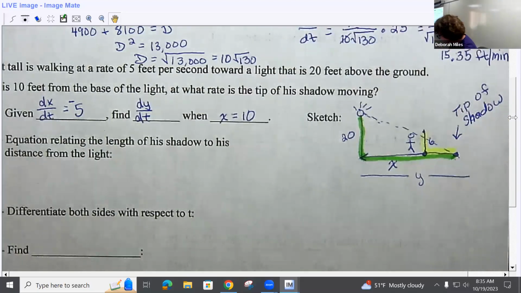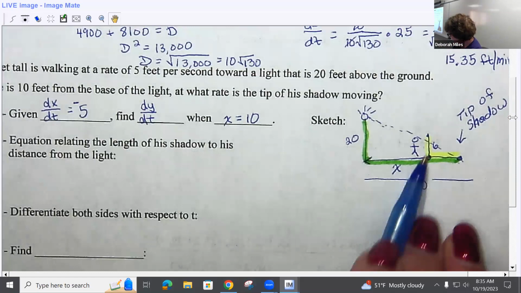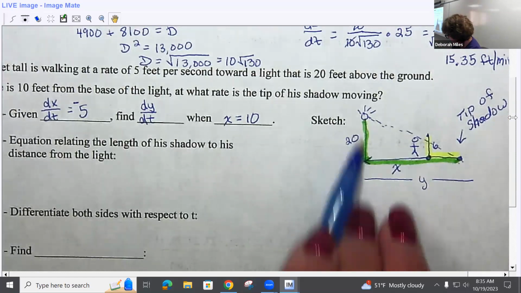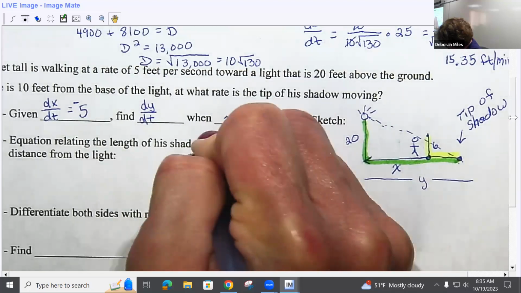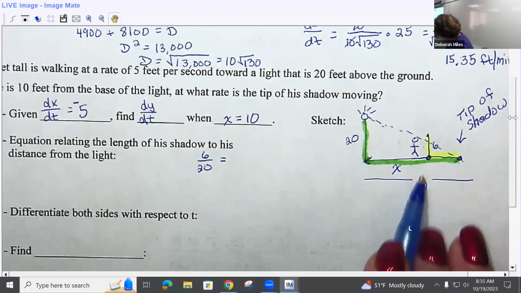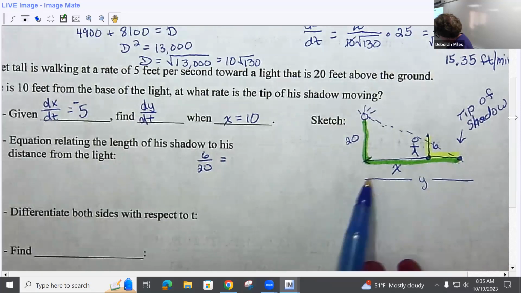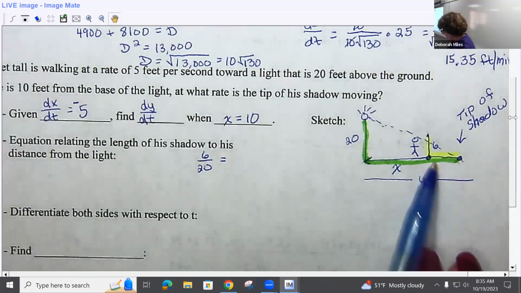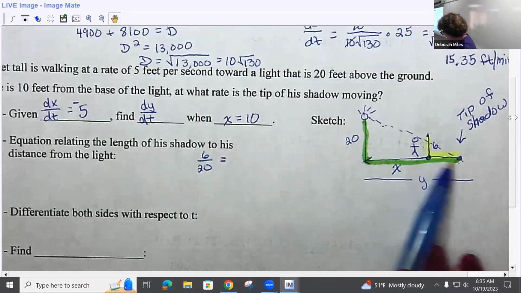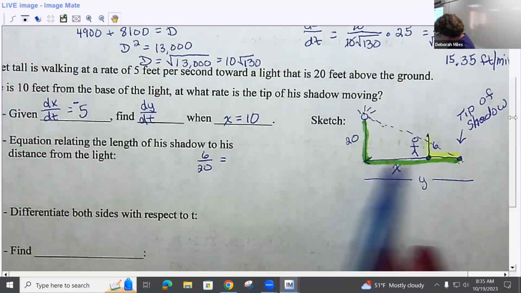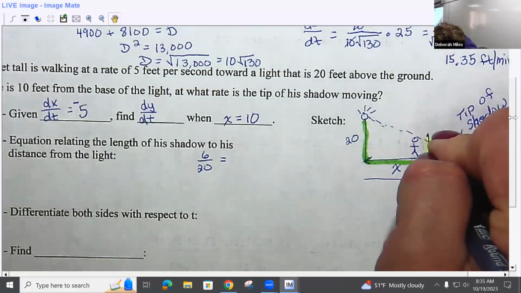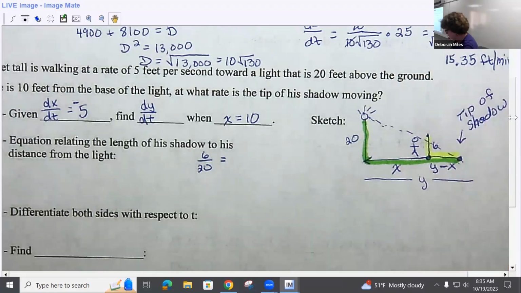So if I say little is to big, I could say this 6 is to this 20 as what? Ooh, I've got to have this side of the little yellow triangle, and if this side of the big triangle is y, and this part of it's x, then this is y minus x.